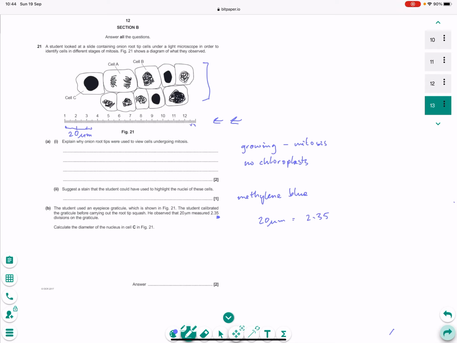I measured this before I was going through this paper with a student. I remember this is 14 millimeters. Can't do it on here. The scale's changed on this virtual copy here.